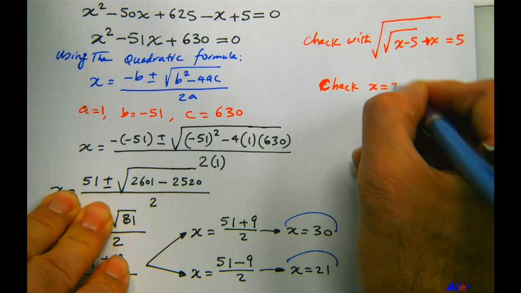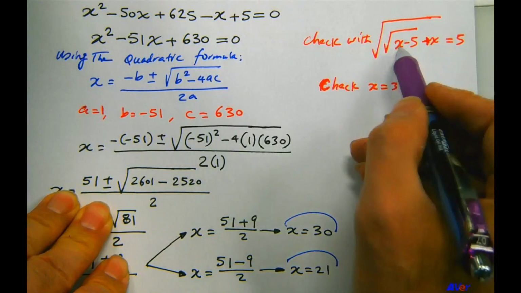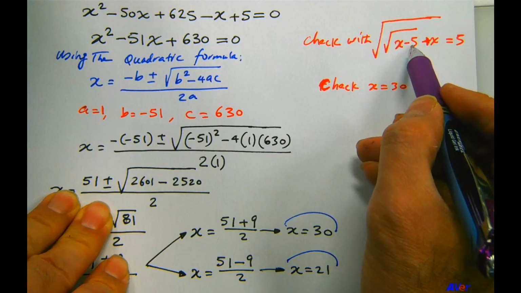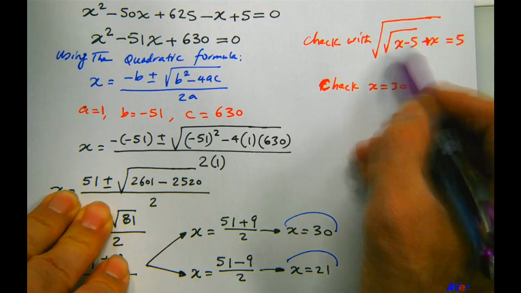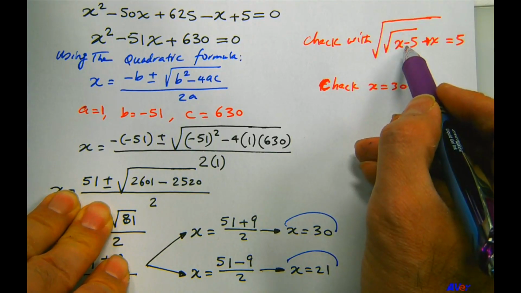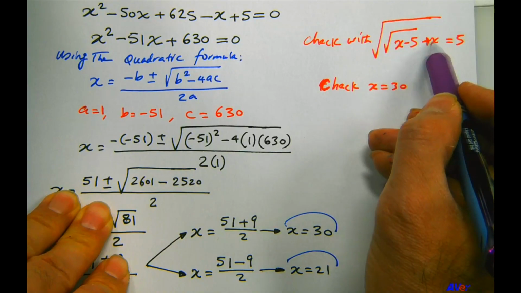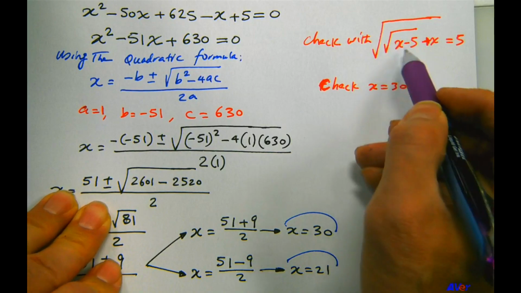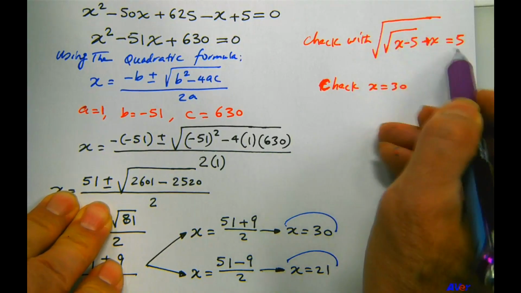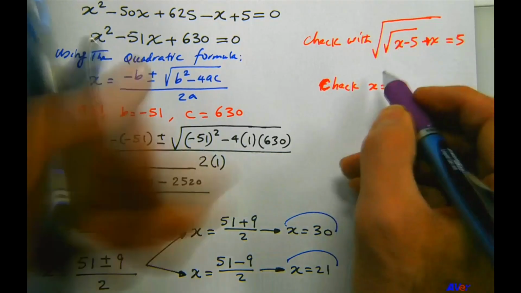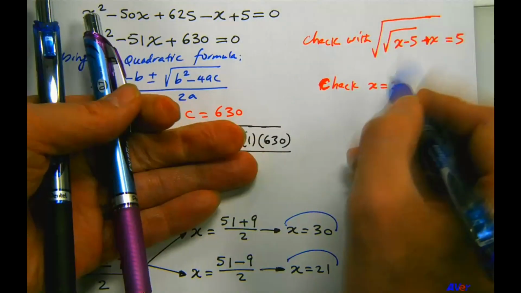So check x equals 30. 30 minus 5 is 25. Square root of 25 is 5, plus 30. That would be a square root of 35? No, square root of 35 is not 5 for sure. So we should toss that out.